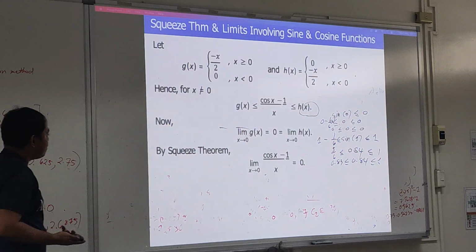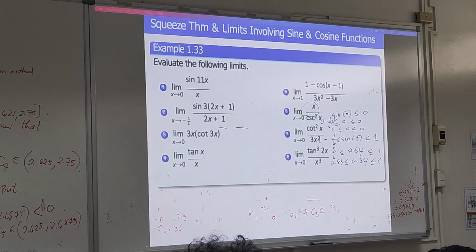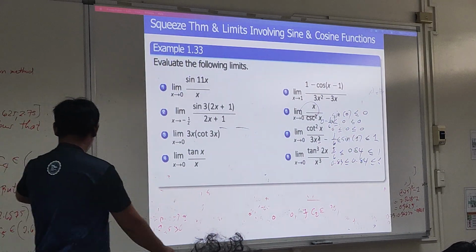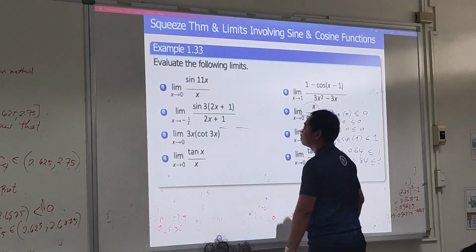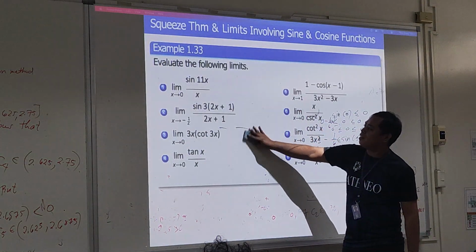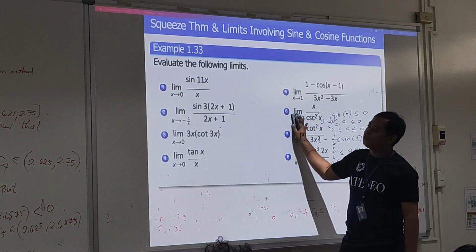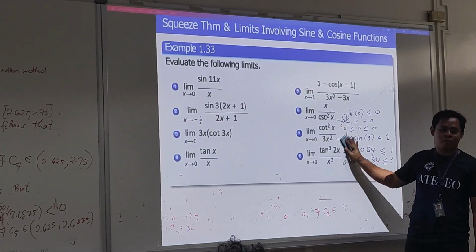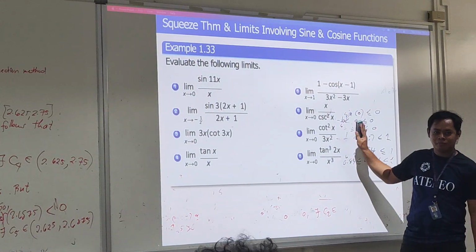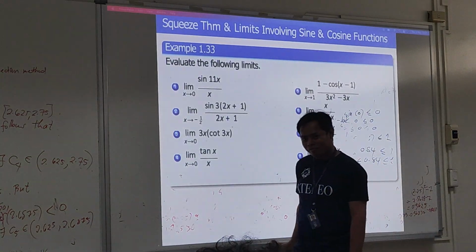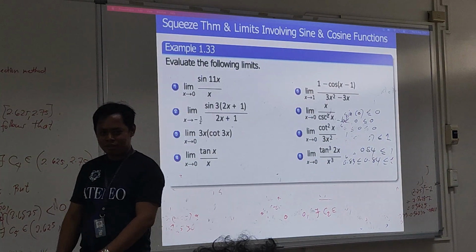So now we have these given problems. Number 1. What is the limit of sine of 11x all over x as x approaches 0? Sine 11 over 1 is the answer?